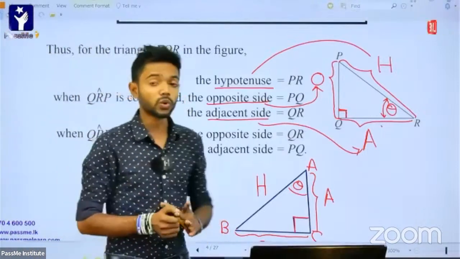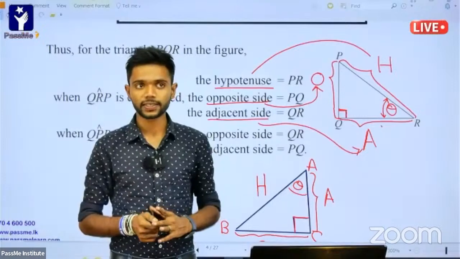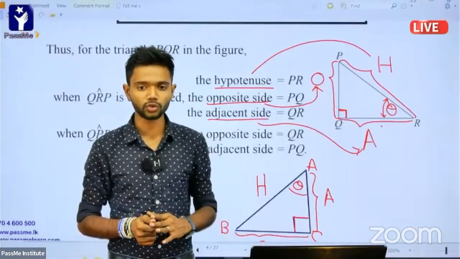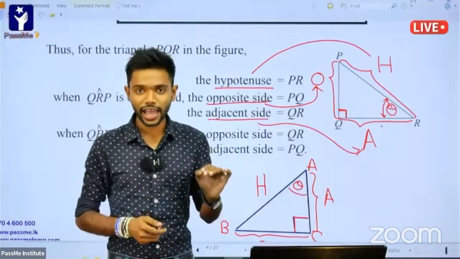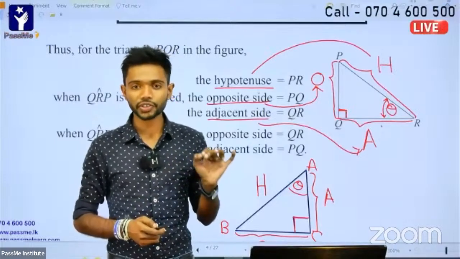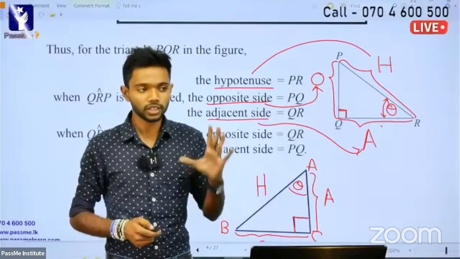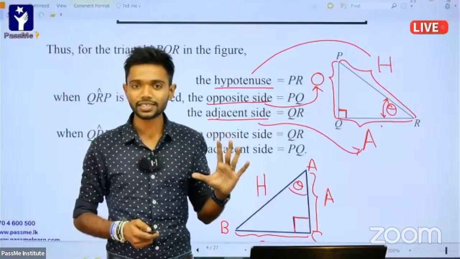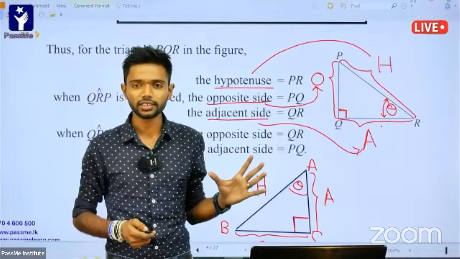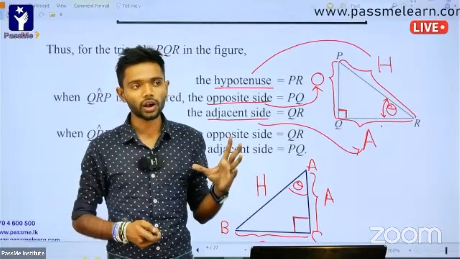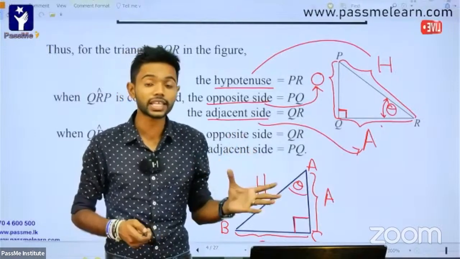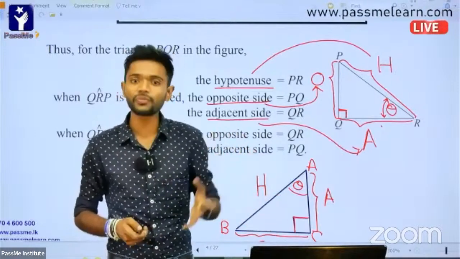And also, next week, I'm not sure we can do this one today, so next week you must have the trigonometry tables with you. You can see them in your textbook, which is given by school. There are trigonometry tables at the end of your textbooks.